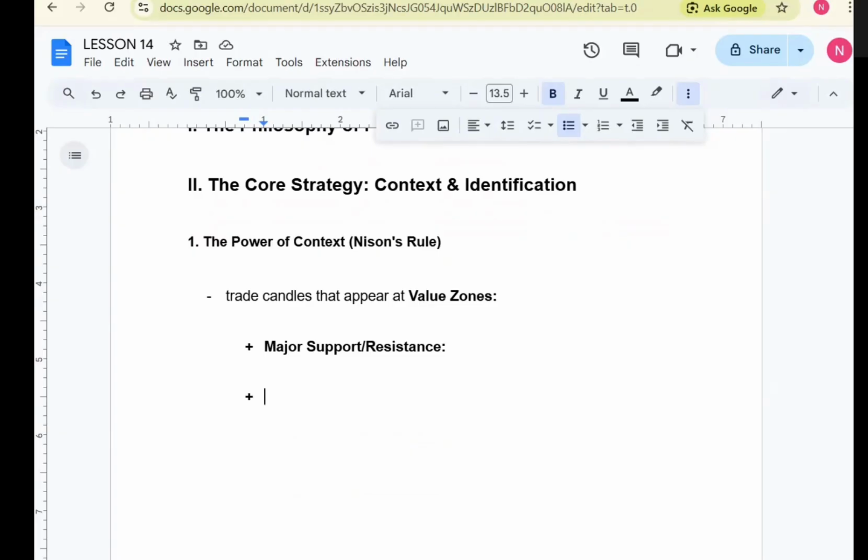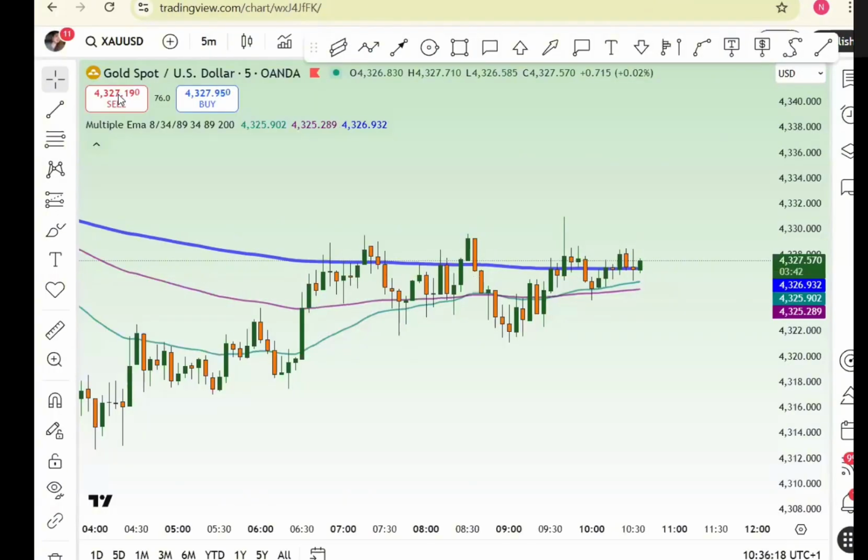All right. And the next one is about dynamic support. Let's use the 89-day or 200-day EMA. So that is considered dynamic support. And you know that my favorite indicator that I usually use to establish the strategy is the EMA, right?